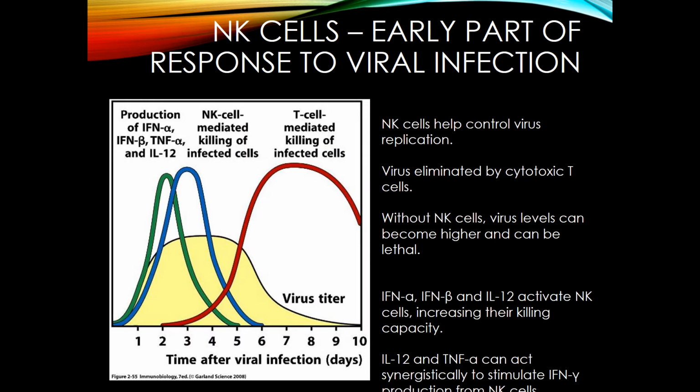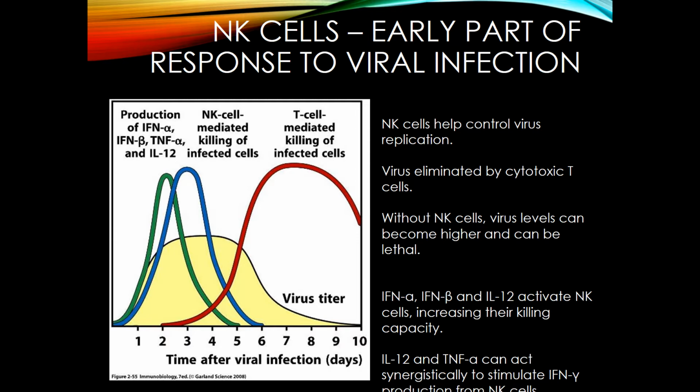So natural killer cells are an early part of the response to viral infections. The main thing is they can help control virus replication early on. And you can see here in this graph, time after viral infection in days. And it's monitoring viral titer, that's that yellow thing in the back.